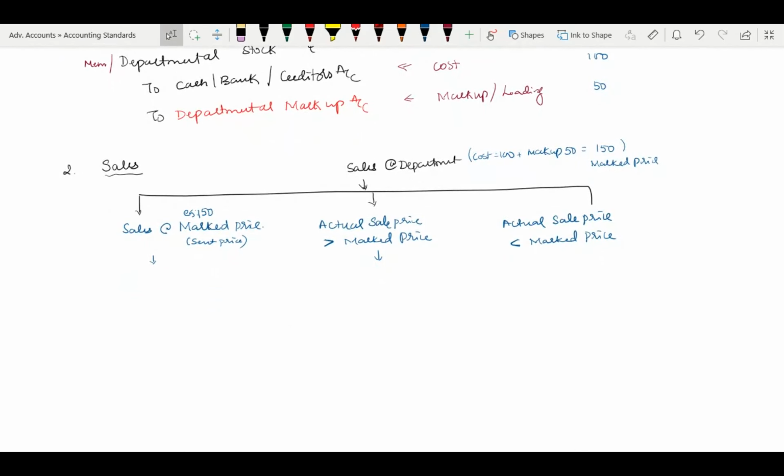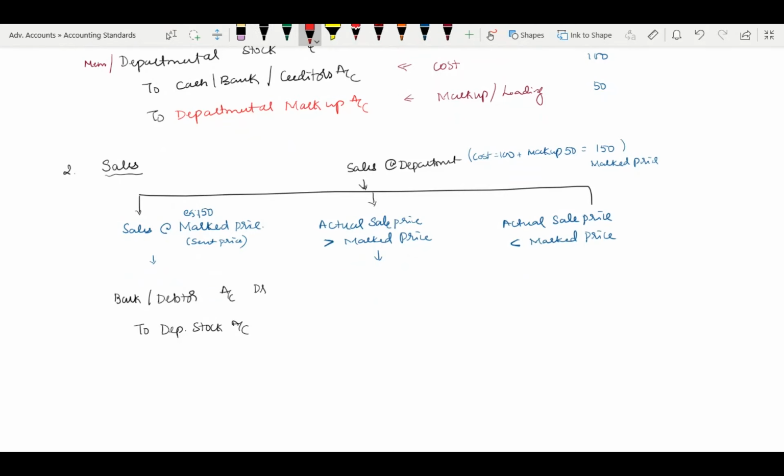Here you have to pass an entry. Since it is a sale, stock is going out. Therefore, departmental stock will reduce. To that extent, debtor or cash, it's like sales. Therefore, either I have to receive the cash or bank, or the debtor account has to be debited if it's a credit sale. So the entry in the first case: bank or debtor account debit to departmental stock account.